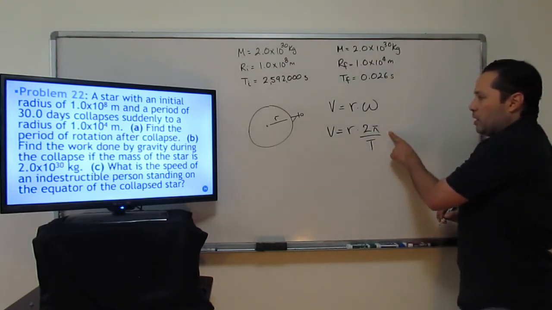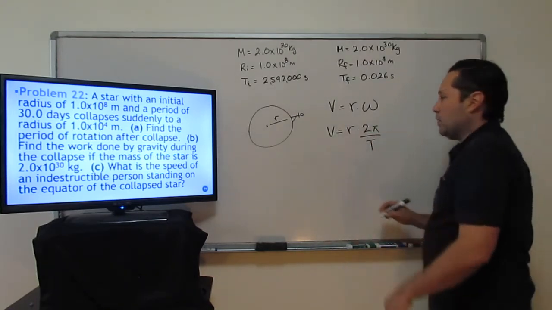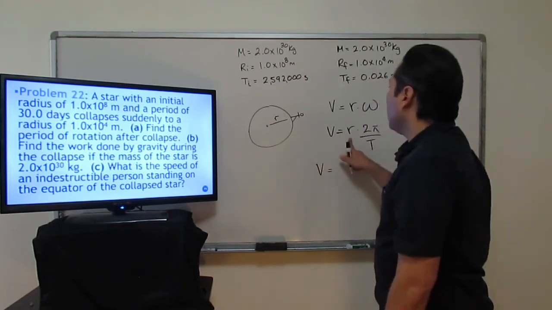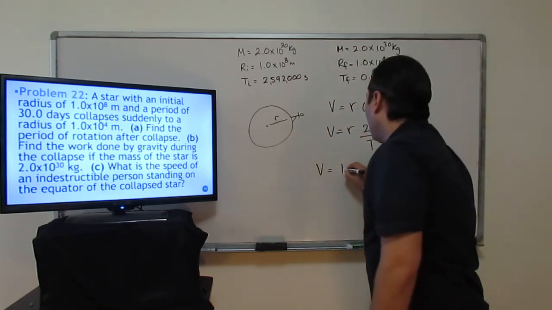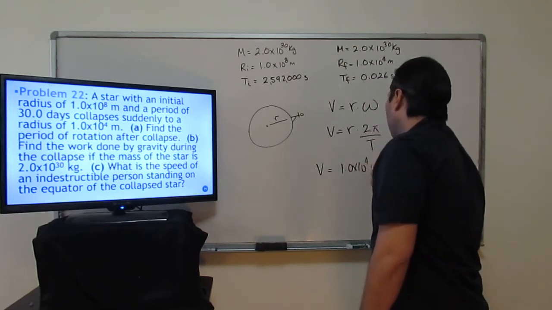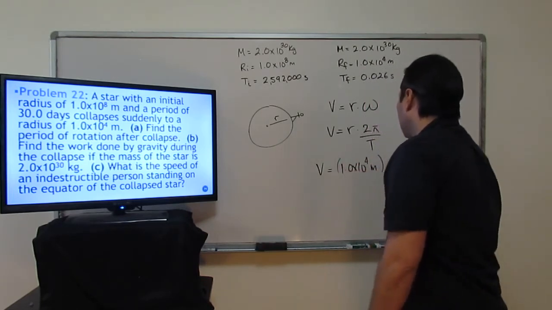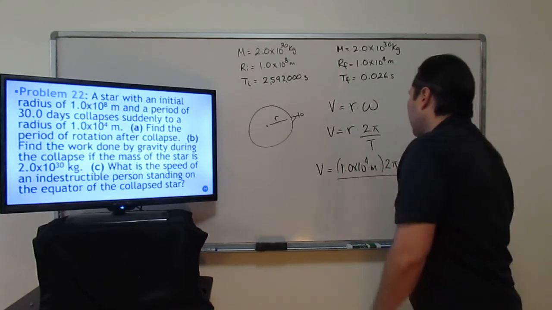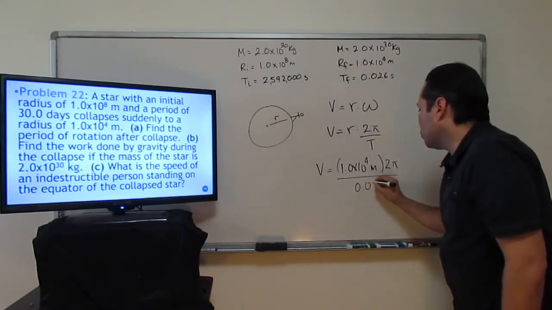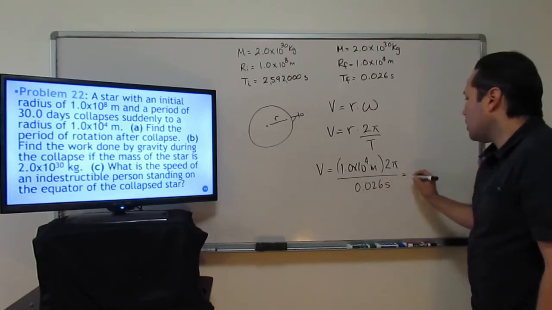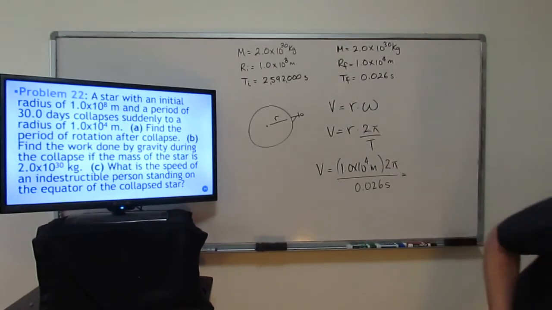So let's plug in the numbers here, and we can figure out the velocity of a person. So the radius of the collapsed star, so the final, is going to be 1.0 times 10 to the 4 meters multiplied times 2 pi, and all of it divided by T, the period, which is 0.026 seconds. Now we're going to reach for the calculator.